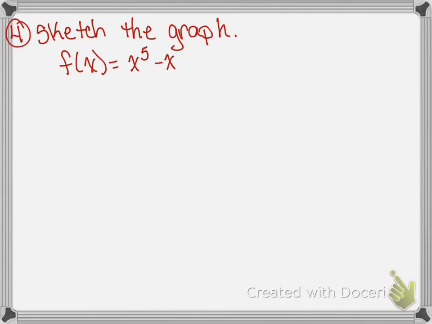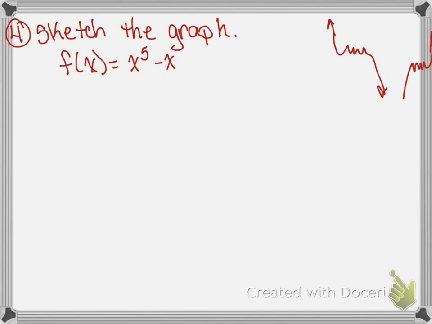Okay. We are no longer talking about quadratics. This polynomial, the highest exponent is 5, so our leading term is telling us that we are going to have a graph whose end behavior is going in opposite directions, something like this. The other option is that it could be going like this.